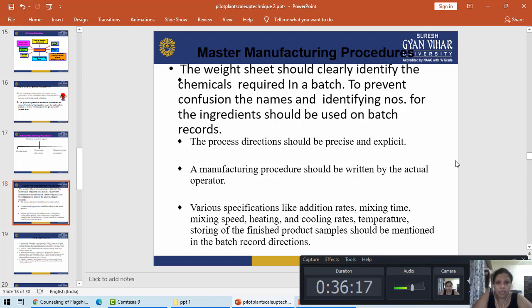The process direction should be precise and explicit. The manufacturing procedure should be written by the actual operator. Various specifications like addition rates, mixing time, mixing speed, heating and cooling rate, temperature, and storing of the finished product samples should be mentioned in the batch record directions.